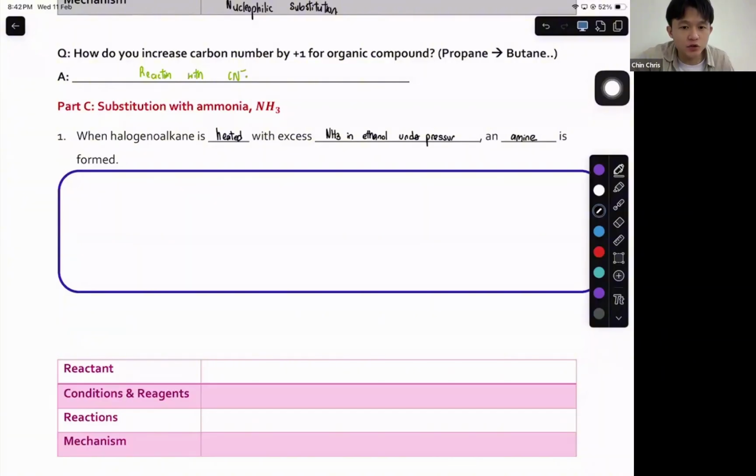Alright, guys, next thing is you need to know the reaction. So reaction-wise, we have this. Your NH3 must be in ethanol.